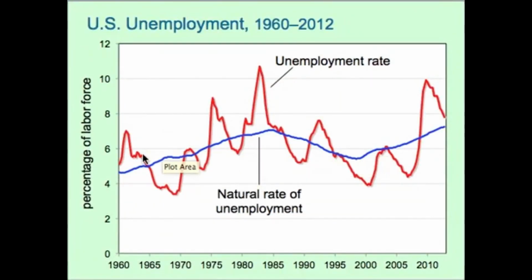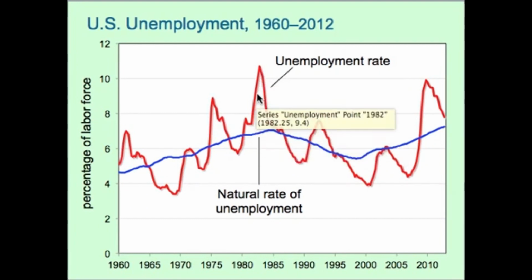So here we go. See this more steady line, this blue line here? That's your natural rate of unemployment. See your unemployment rate? Boom, boom, up and down, up and down. These deviations, say between this point with my cursor up to this point, that's cyclical unemployment. From this point down to there, that's cyclical unemployment. Cyclical unemployment is the deviations from the blue line to the red line. Huge deviation right here.